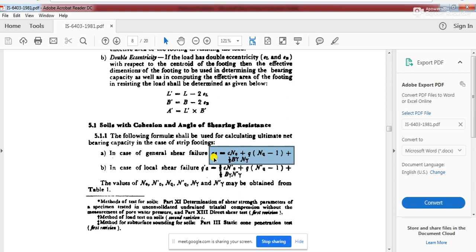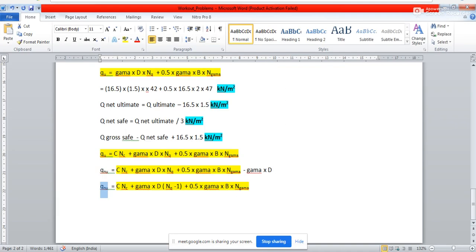So whatever we have written as Qu, the code is writing as Qd, and the code is saying c Nc plus q. The code has written this as q. So what is q? Gamma D is nothing but q, the surcharge.